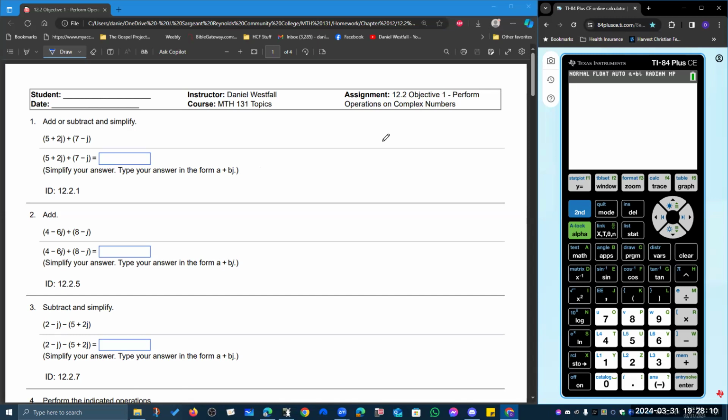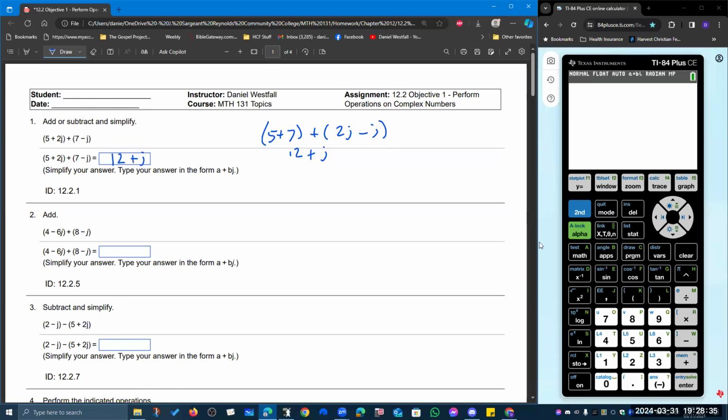So let's just do these first couple by hand. I'll also show you can use the calculator for them. To add complex numbers, we add the real parts. So in this case, 5 plus 7, and then 2j plus a negative 1j or minus j is going to be 12 plus j.